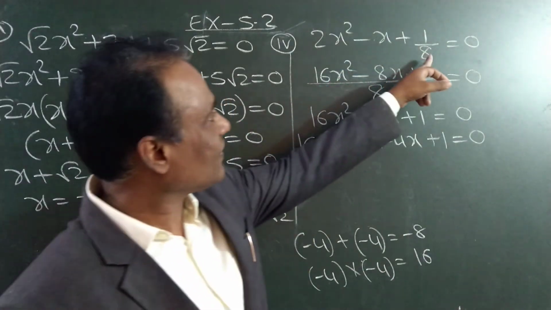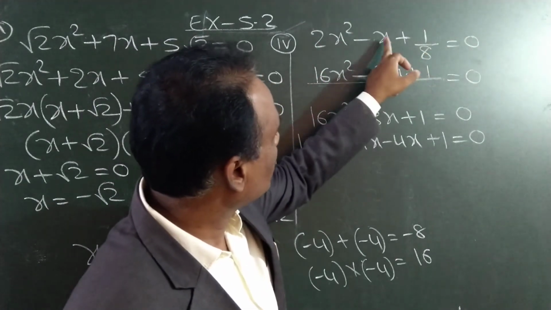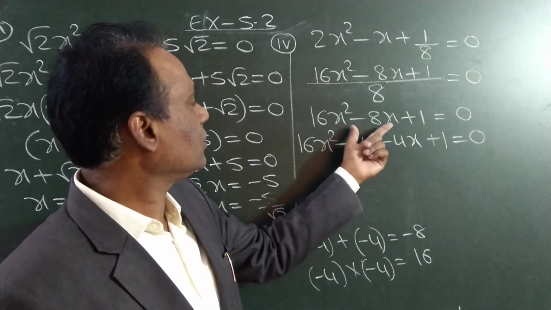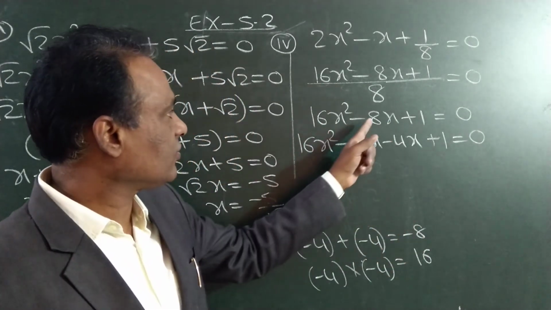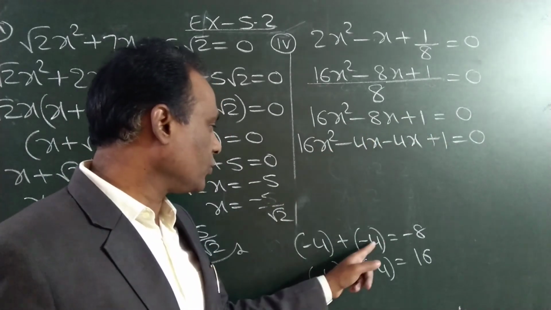First we simplified with 8 LCM. 8 2s are 16x square, 8 into x is 8x plus 1, 8 into 0 is 0. So first is same, last is same. Minus 8 is written as sum of two numbers.